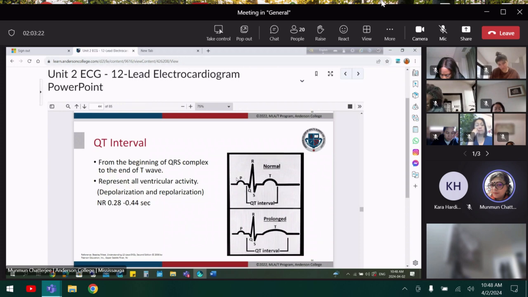The P wave represents atrial depolarization or atrial activity. The QRS complex represents the ventricular depolarization. The T wave represents ventricular repolarization. The QT interval represents the total ventricular activity, that means depolarization and repolarization.